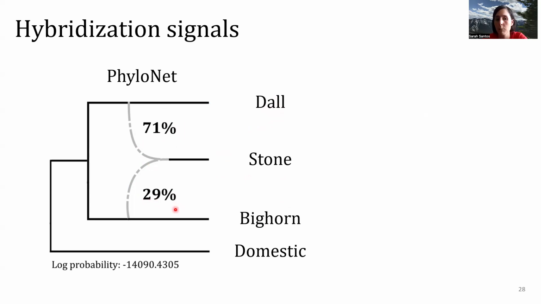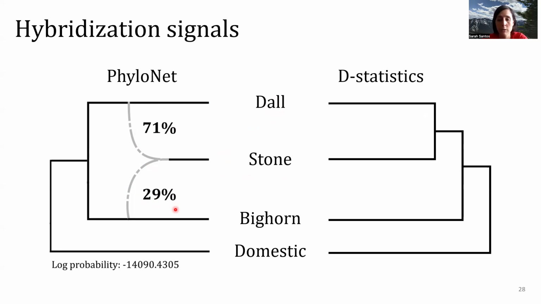So it had that hybridization signal with bighorn sheep, and this was the best fitting model that we observed. This number is important, and we'll keep that in mind for the next part of my talk with the fossils. We also estimated these statistics, and here again, the bidirectional signal between species, we observe far more windows representing introgression between Stone and bighorn than Dall and bighorn sheep.